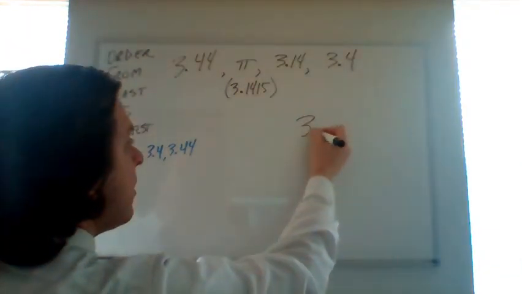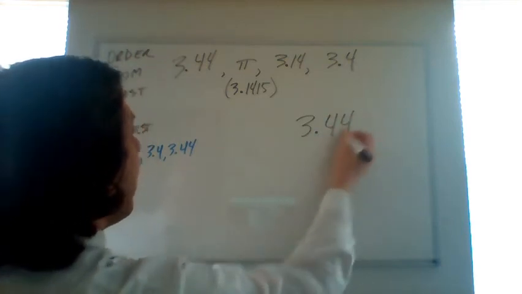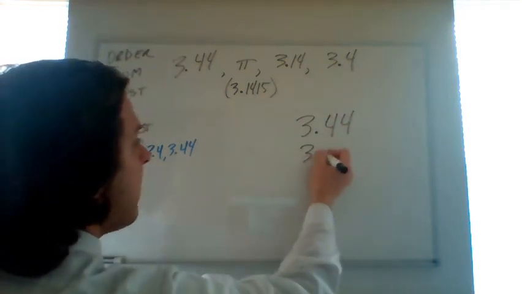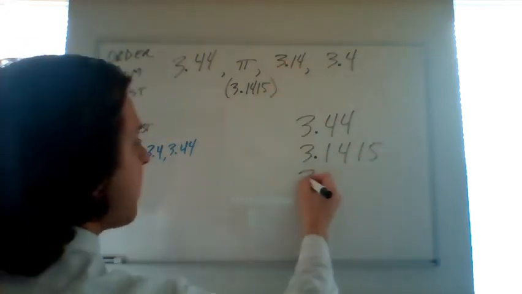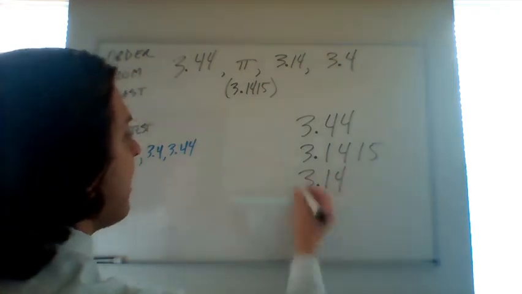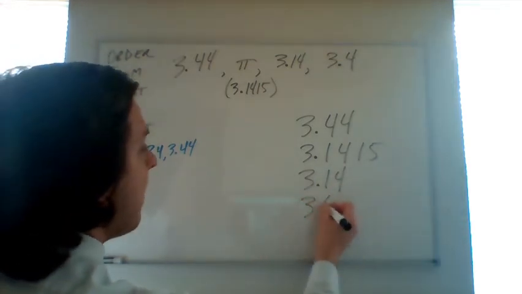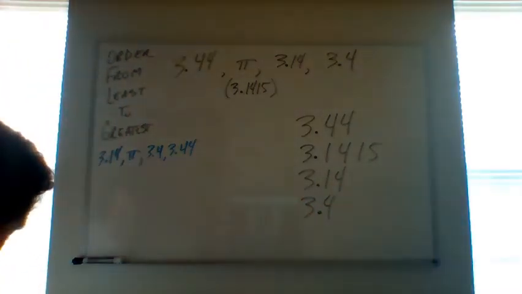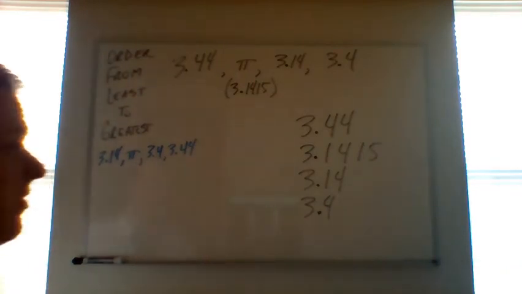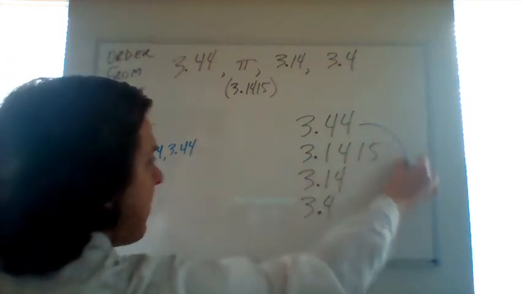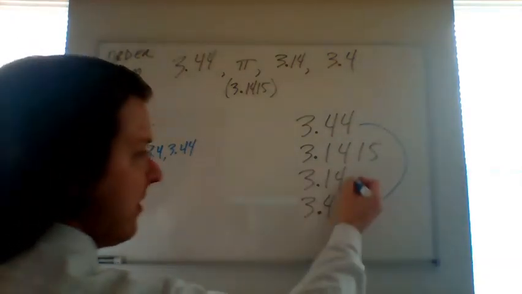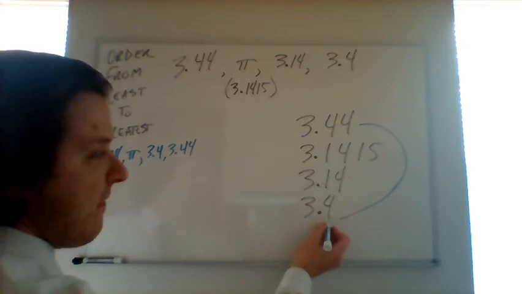So I have 3.44. I have 3.1415. I have 3.14, and then I have 3.4. And what I'm going to do here is compare these numbers individually. We know that the ones that have 3.4, this number and this number, are obviously bigger than these two, because it's 3.4.